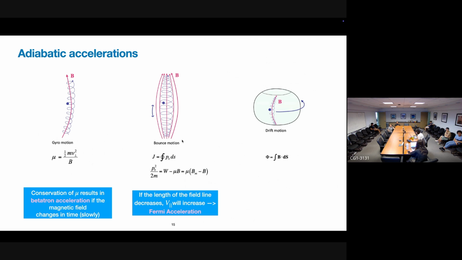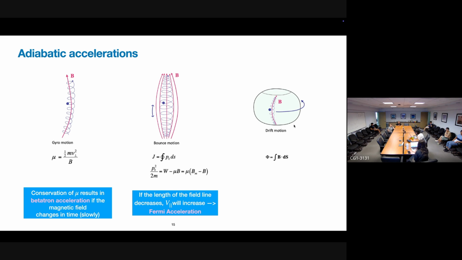And the second adiabatic invariant is J, which is if the particles are mirroring in this magnetic mirror, that bounce between those two mirror points, if the length of the magnetic field line changes, the parallel velocity of the particle will also change. So the J is conserved. And that is the Fermi acceleration, which will result in the velocity change or energy change in the parallel direction.